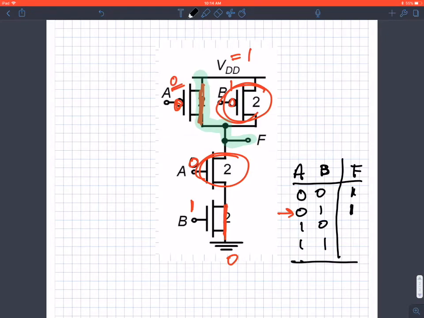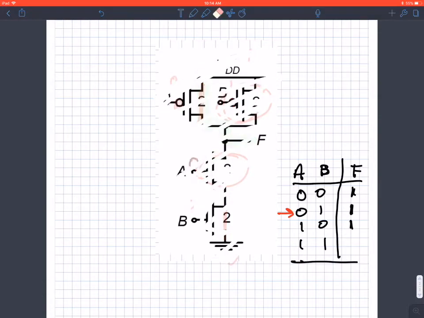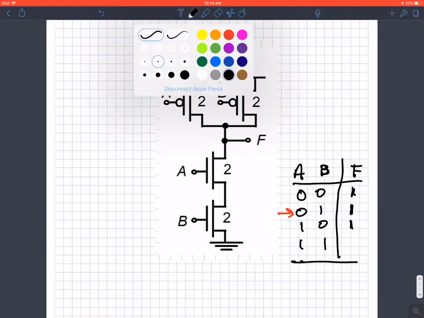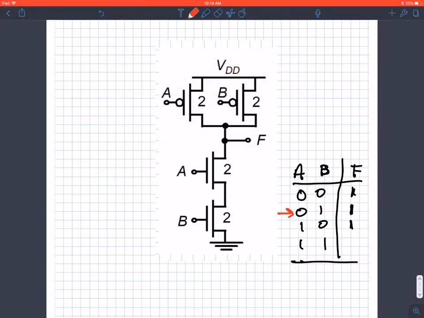Okay, you can work through the same logic with the other input combinations and you'll get 1 here. So let's do the last one just to make sure. I'm skipping the third one. Let's do the last one. All right, so in the last one, A is equal to 1 and B is equal to 1.